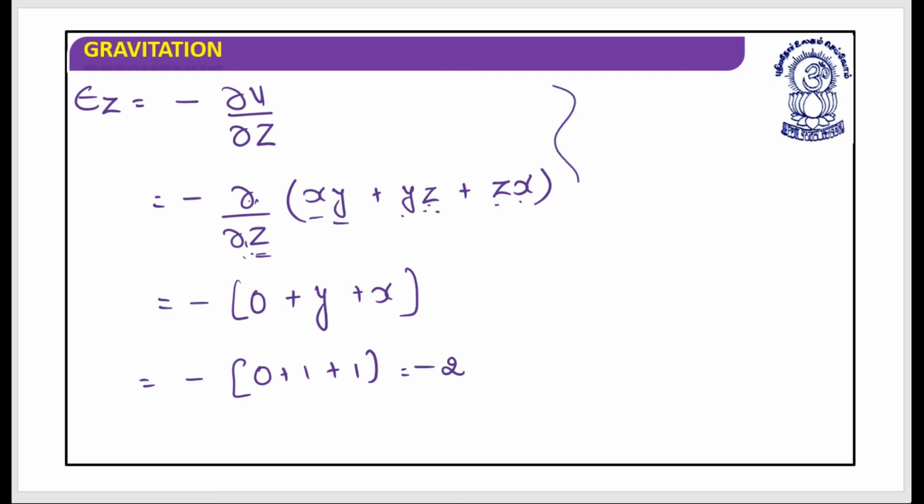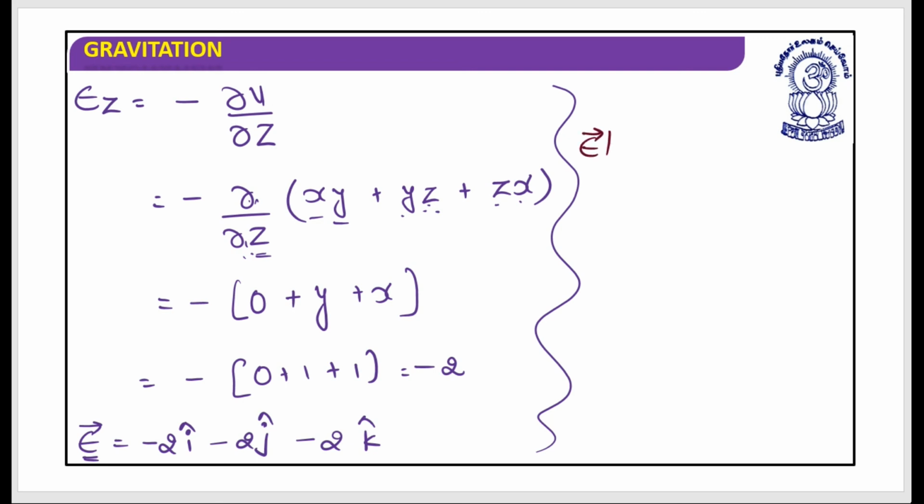So when I find out the magnitude of this, its vector form will be equal to minus of 2 i cap minus of 2 j cap minus of 2 k cap. This is the gravitational field. This is E is equal to minus of 2i minus of 2j minus of 2k, and the magnitude of the field is equal to root of 2 square plus 2 square plus 2 square.